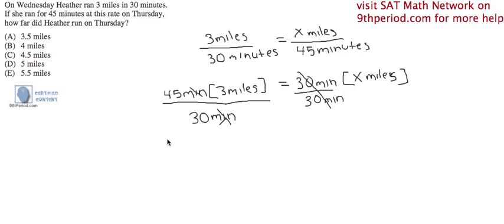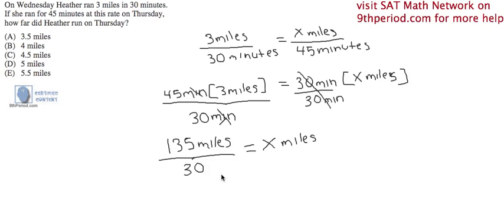So 45 times 3 is going to give us 135 miles divided by 30. And we crossed out minutes, so we just have miles there, and it's going to be equal to x, which should be in miles, since minutes canceled out on the right side of the earlier equation.